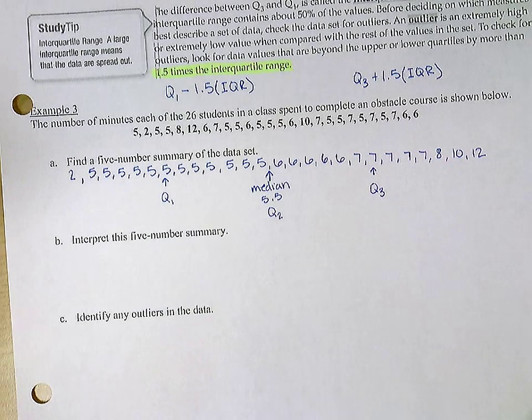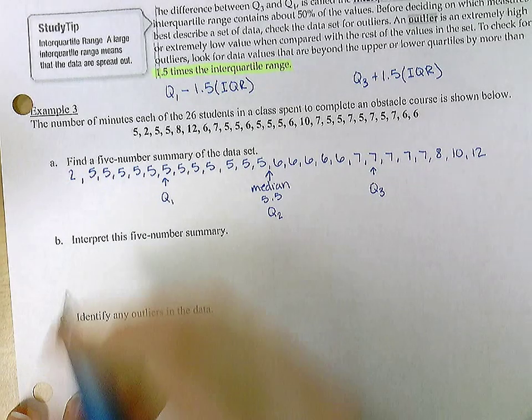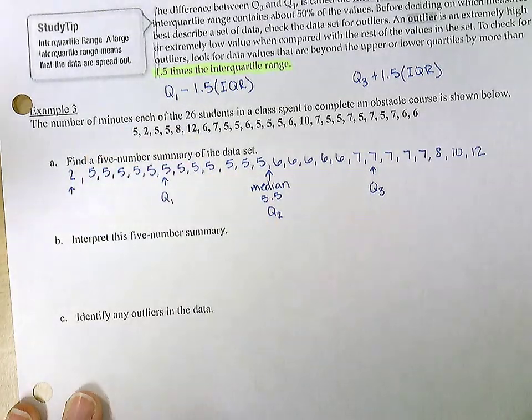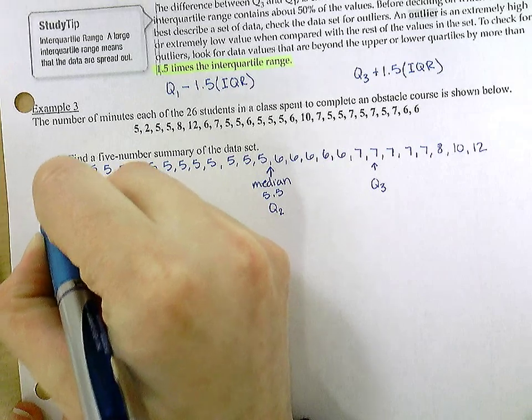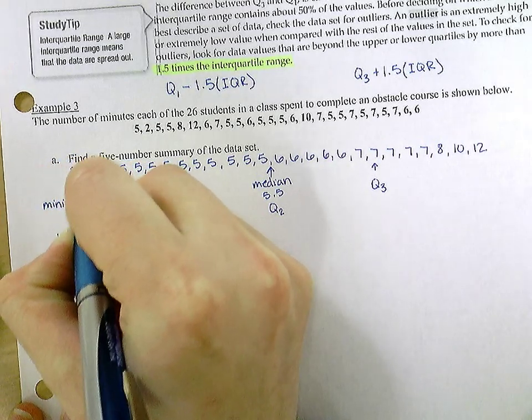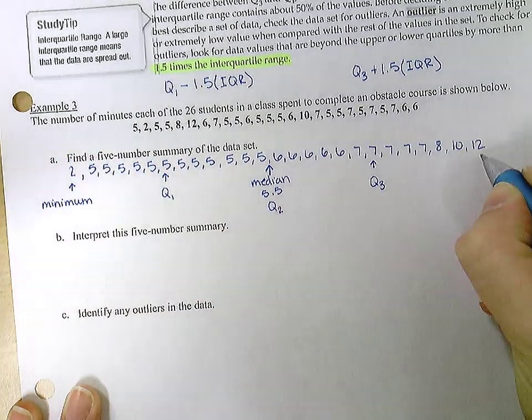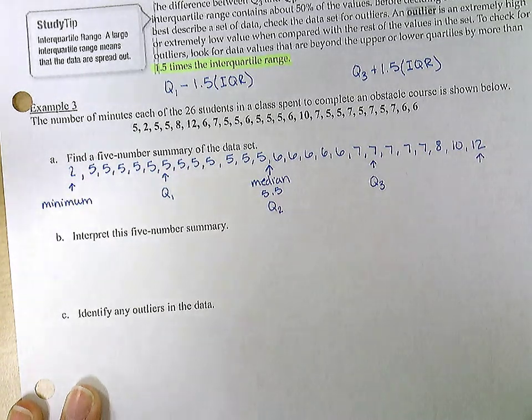Then your last two, you need your minimum, which is your lowest value here, and your maximum value, which is your highest value.